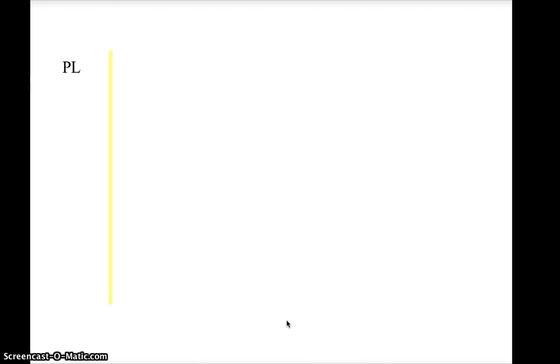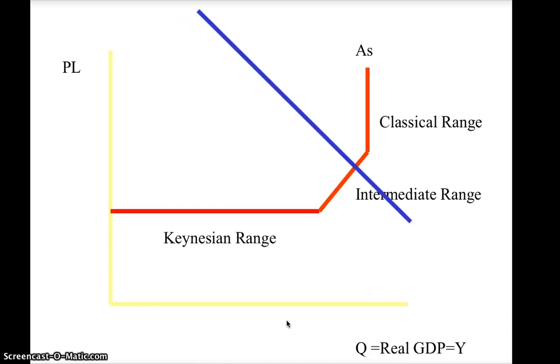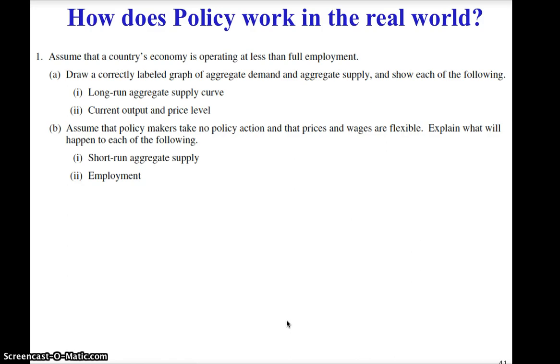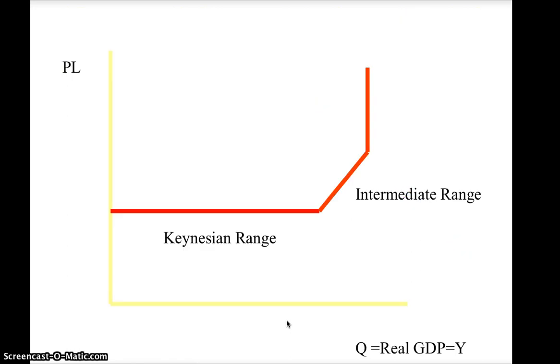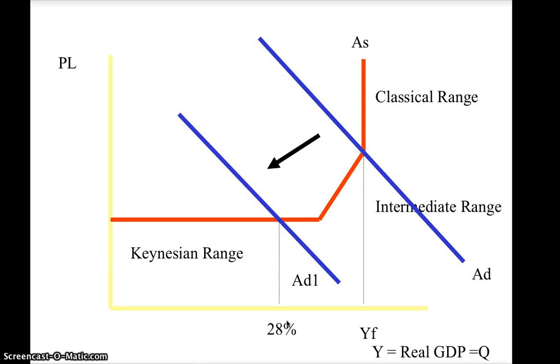One thing that you can think about is that this bottom line, while representing real GDP, at the same time represents unemployment.